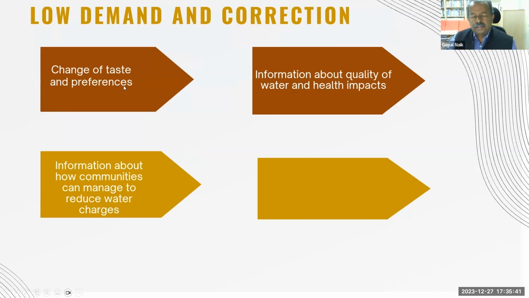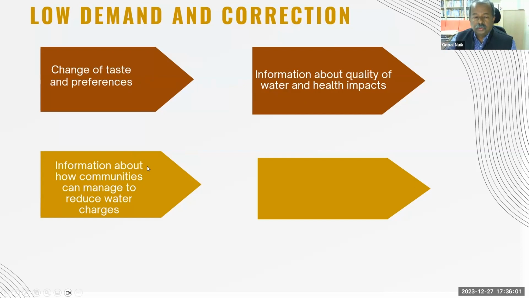But in other cases, one can educate them and provide required information about quality of water and its health impacts and so on, which will help in pushing the demand up.